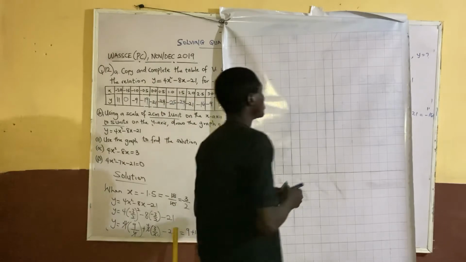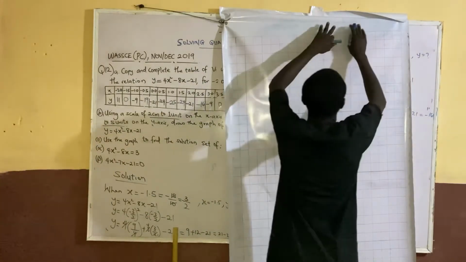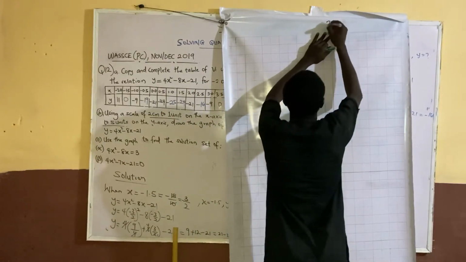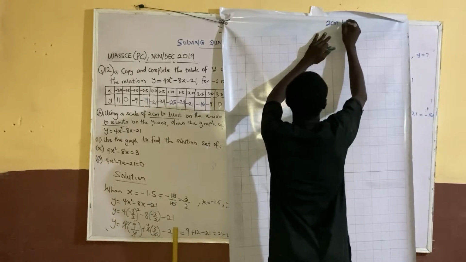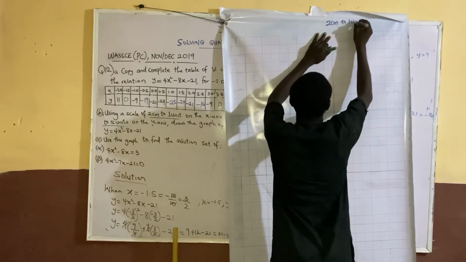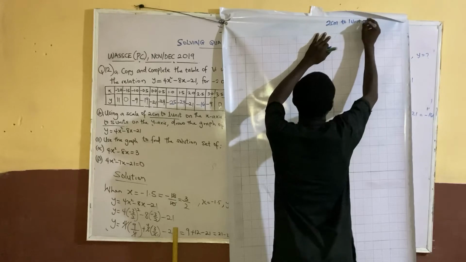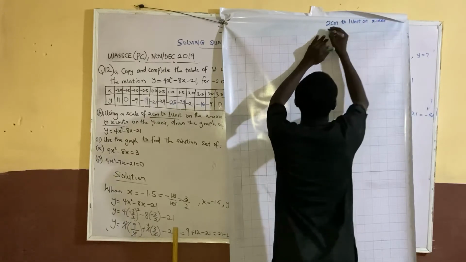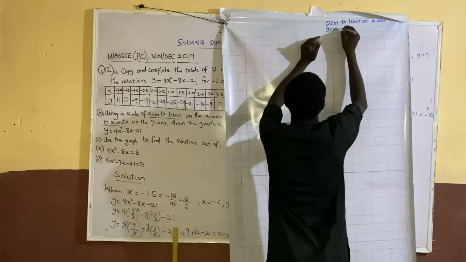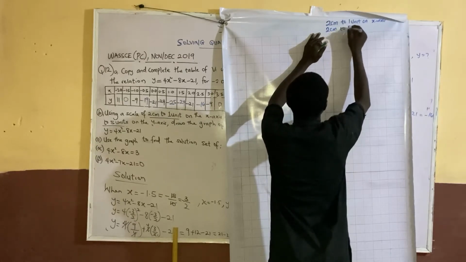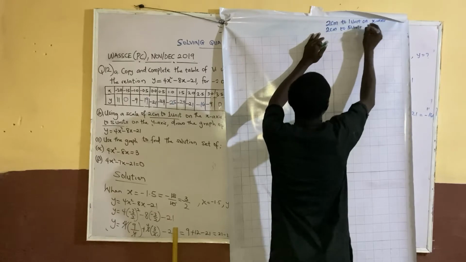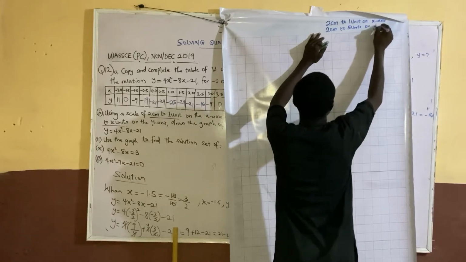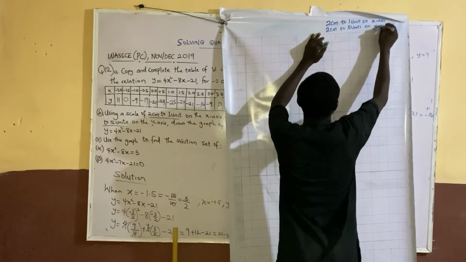Now the first thing is the scale, which is 2 cm to 1 unit on x axis, and the next one is 2 cm to 5 units on y axis.